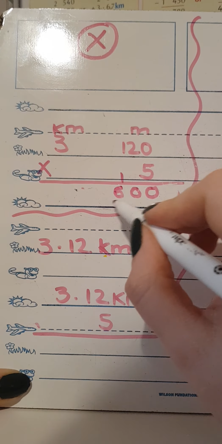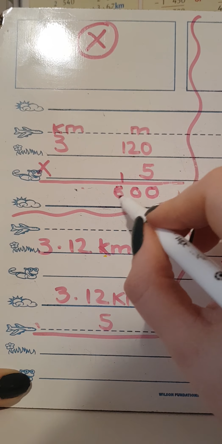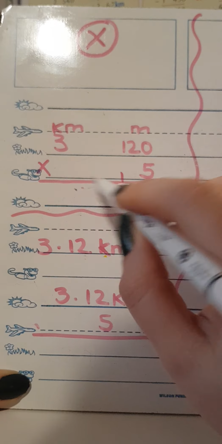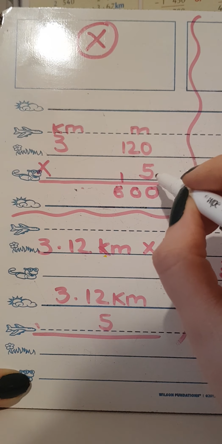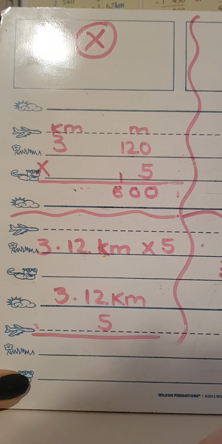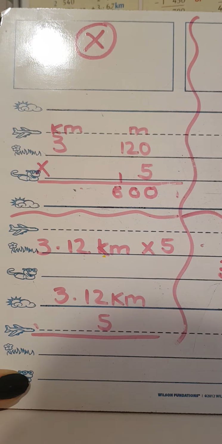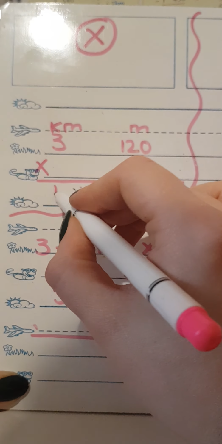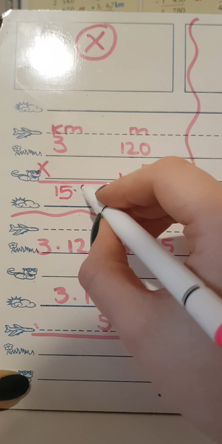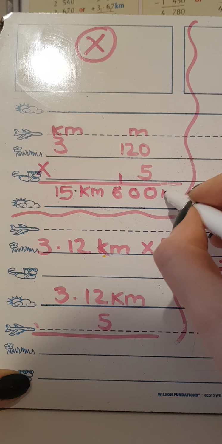Now I know I'm allowed to have 3 numbers over on this side, but even if I forgot about it, the number is 6, so there's actually nothing to carry over anyway. And then I've got 5 multiplied by 3, which, just to show you how to figure that out using your tables, you go 5, 10, 15. So we got 15 and put it here, and then I put kilometers, meters.